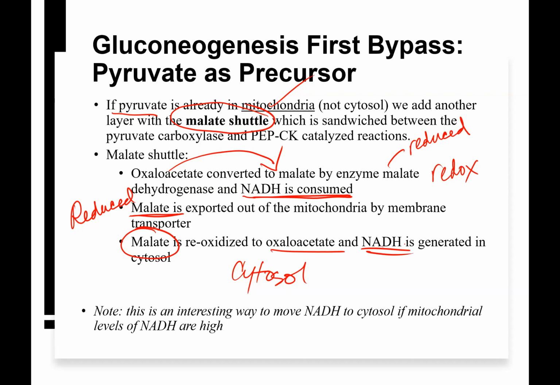So now we're going to look at the figure, but think about this. Under these circumstances, this is an interesting way to move NADH into the cytosol from the mitochondria if the mitochondria has high levels of NADH. I'm going to show you the next figure and we'll talk about it again, and you'll tell me if this is making any sense to you.